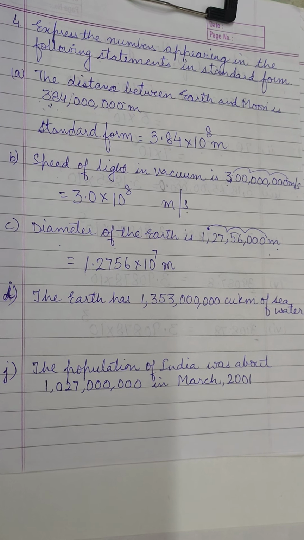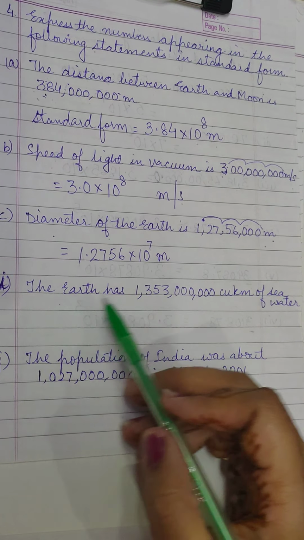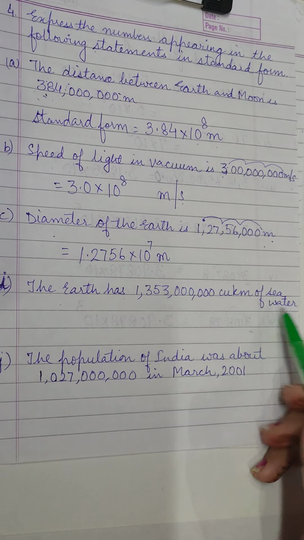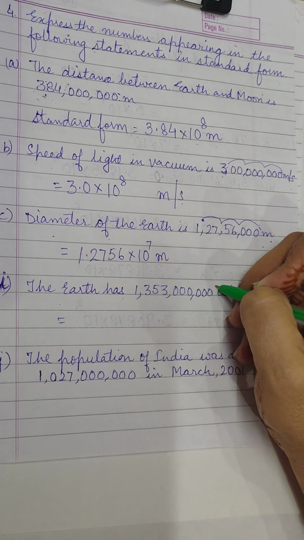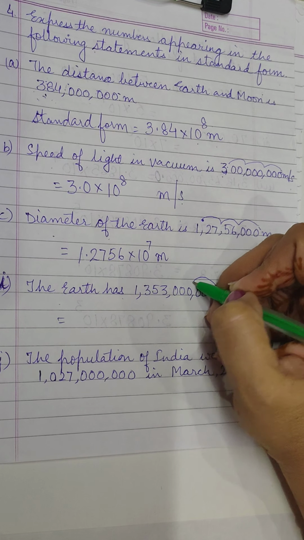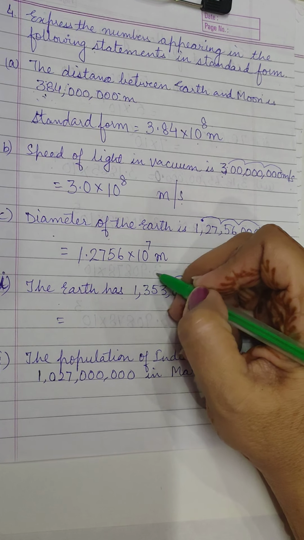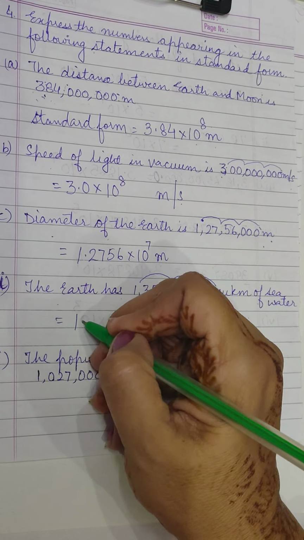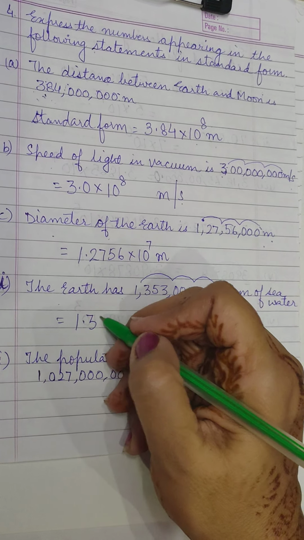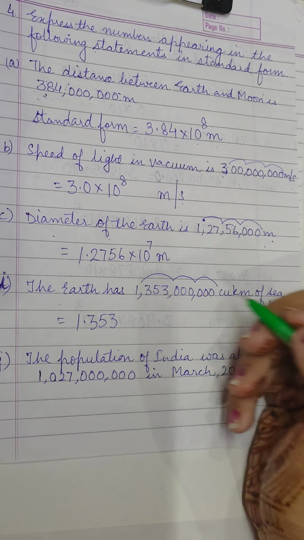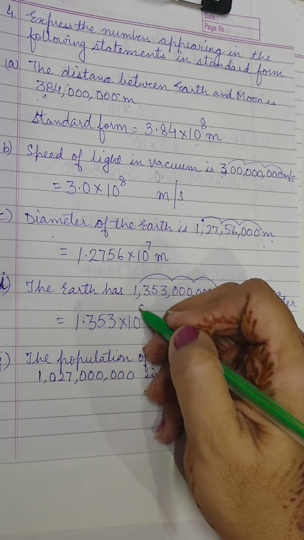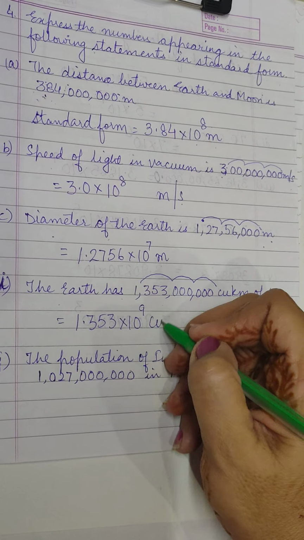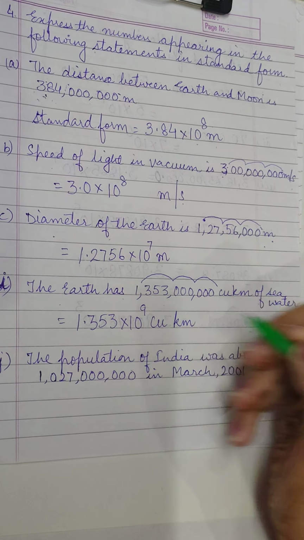Now the I part is the earth has this many cubic kilometers of sea water. Again the decimal has to move from the last. So 3 plus 3, 6 plus 3, 9. The decimal has to come after 1, the first non-zero digit. So it is 3.353 multiply 10 raised to the power 9 cubic kilometers.